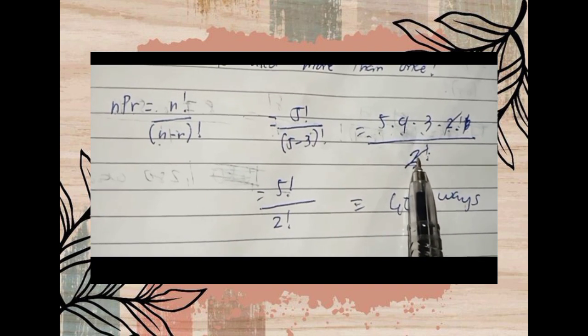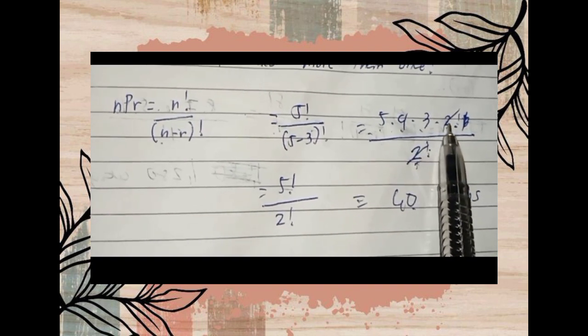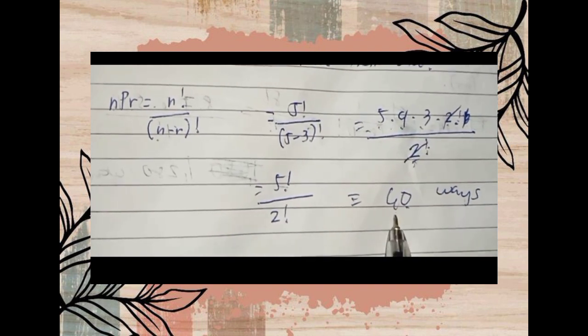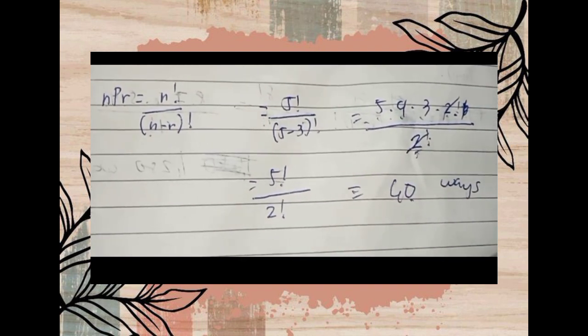Then eliminate 2 factorial and 2 factorial. Then 5 times 4 times 3 equals 60 ways.